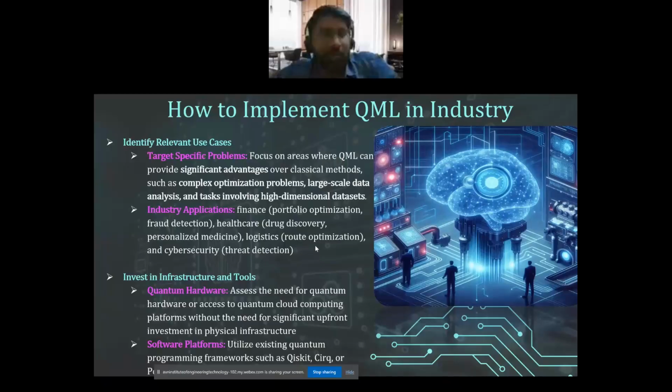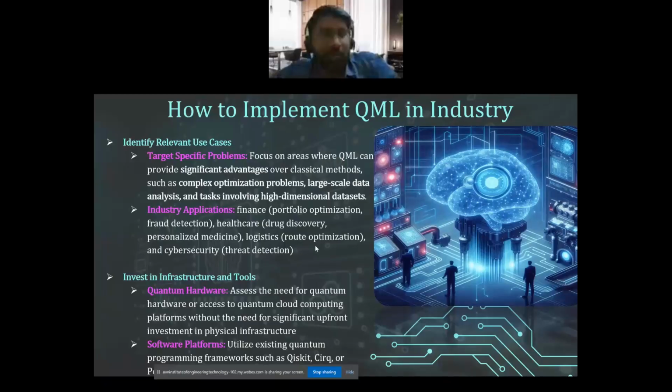Instead of initially spending money on quantum hardware, we can use hardware access from different cloud computing platforms or different providers.